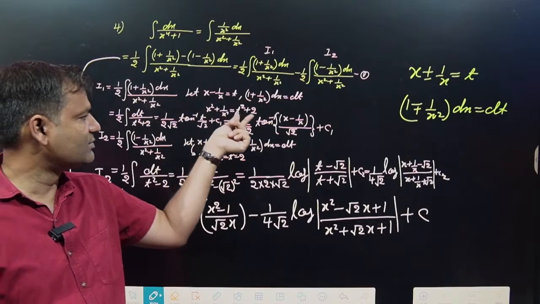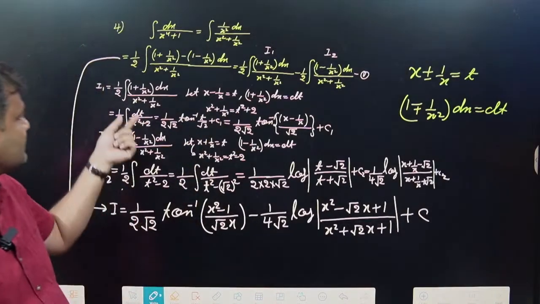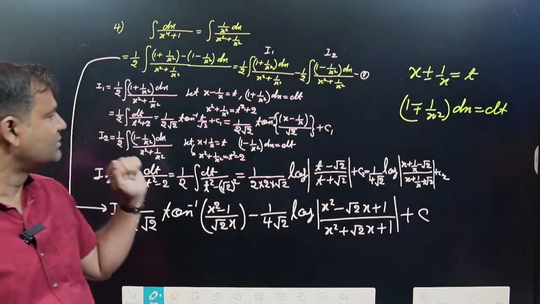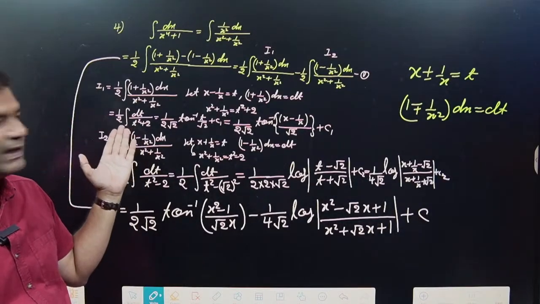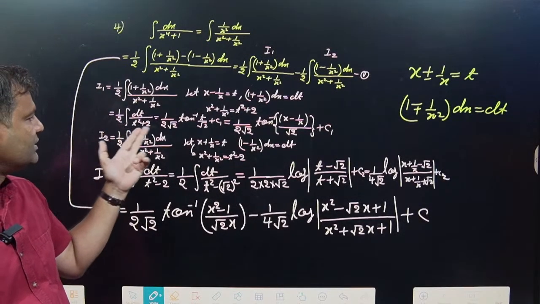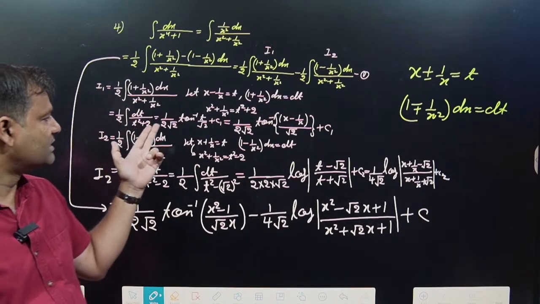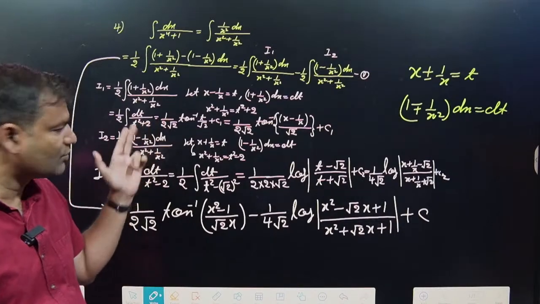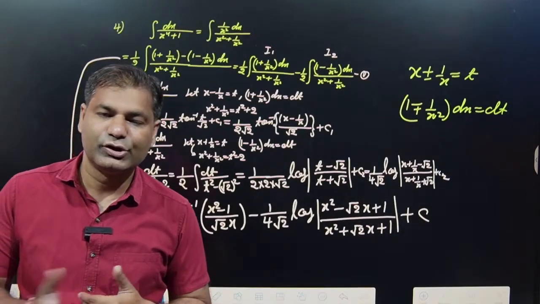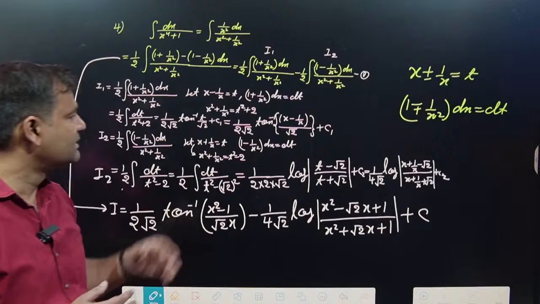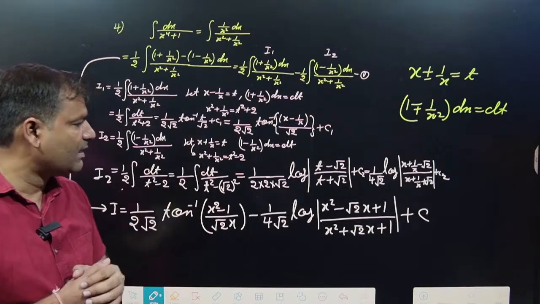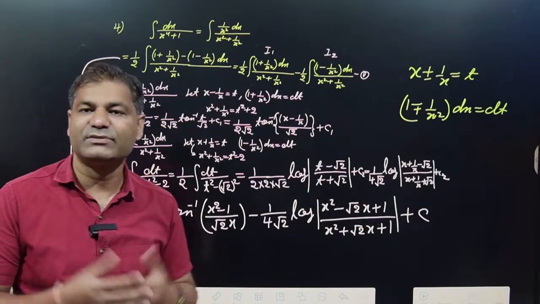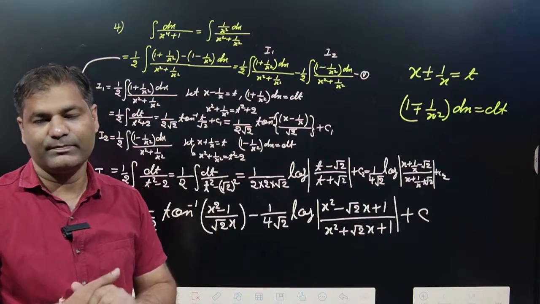So this one is replaced by t square plus 2. And after that, very simple: I know that 1 upon a is root 2 into tan inverse t upon root 2 plus new constant c1. After that t is replaced by x minus 1 upon x, then we get like that.